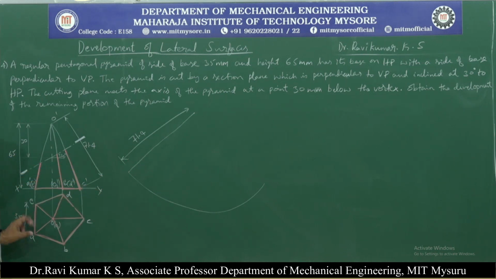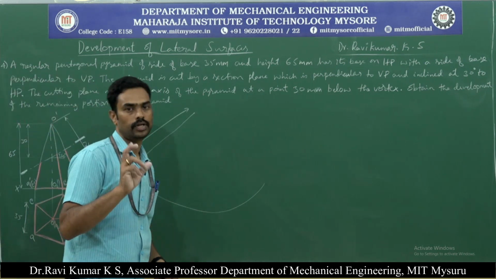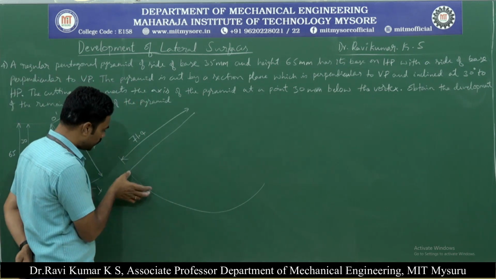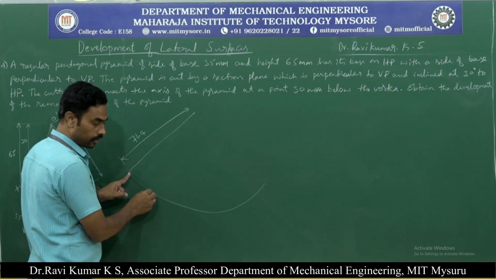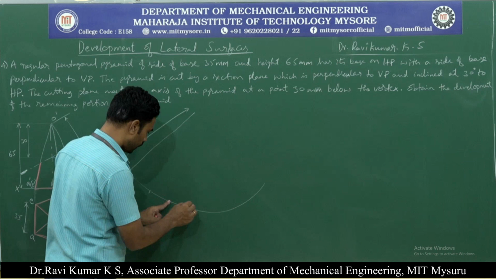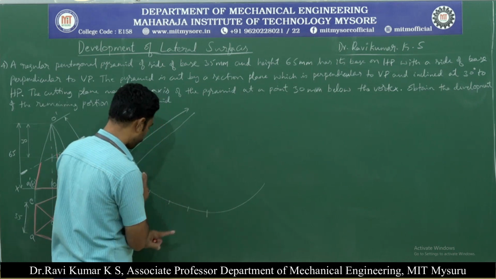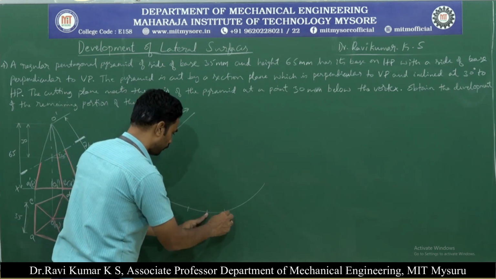Each side is equal to 35. So take 35 in your compass, select this as center, and cut one side, again 35, again 35, again 35: 1, 2, 3, 4, 5.